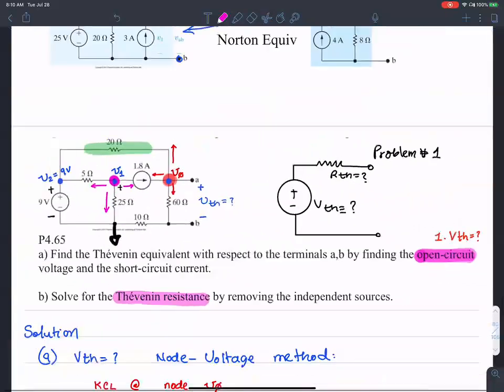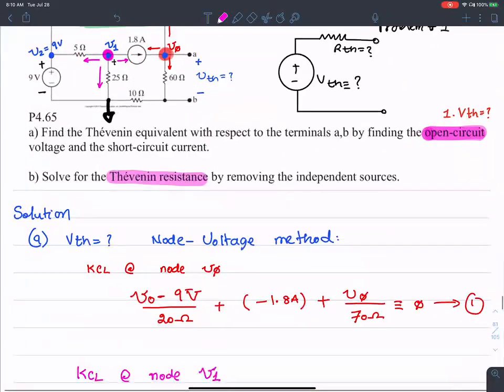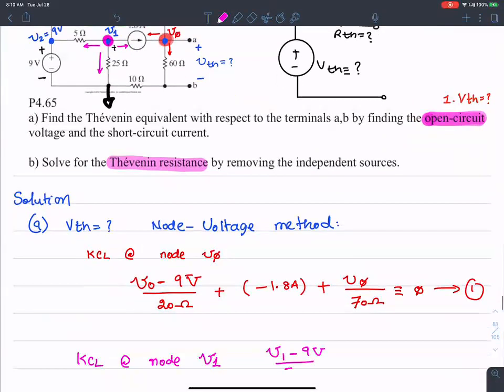So let me incorporate those three into my equation: (V1 minus 9 volts) over 5 ohms plus V1 over 25 ohms plus 1.8, all of that should equal 0.